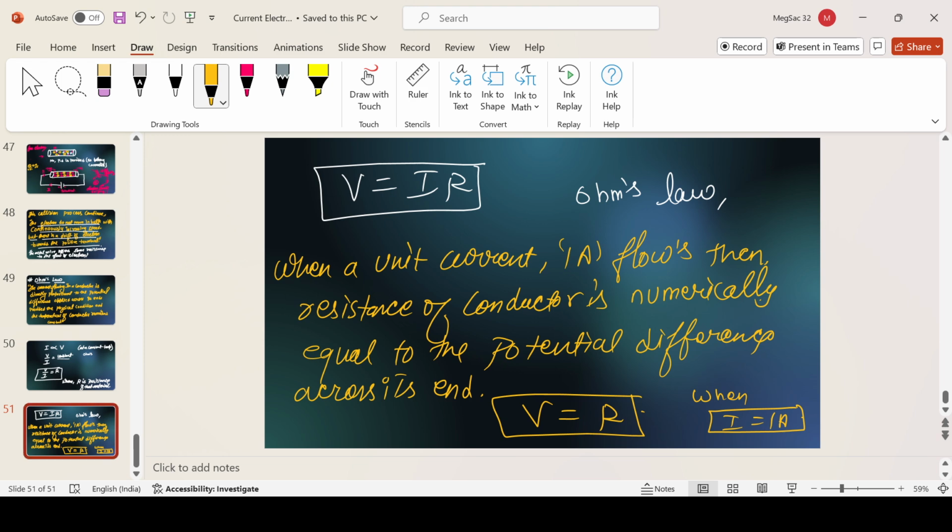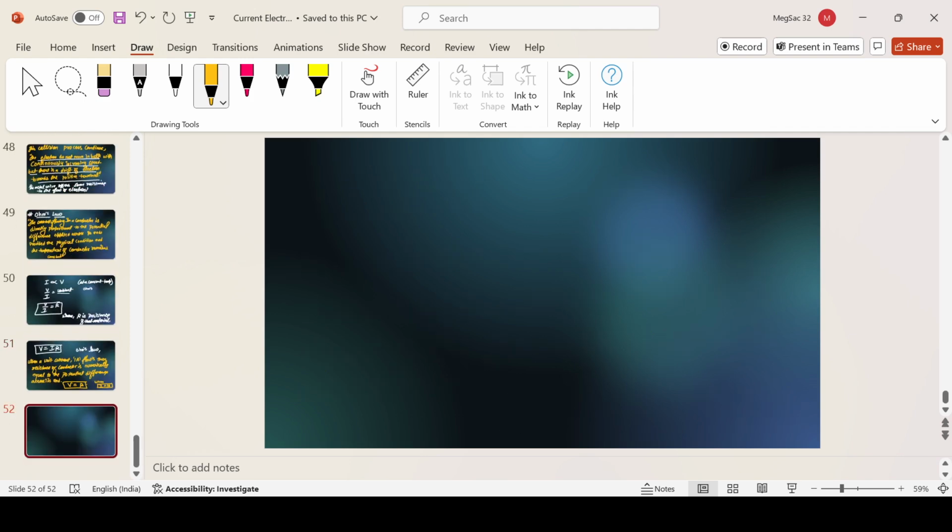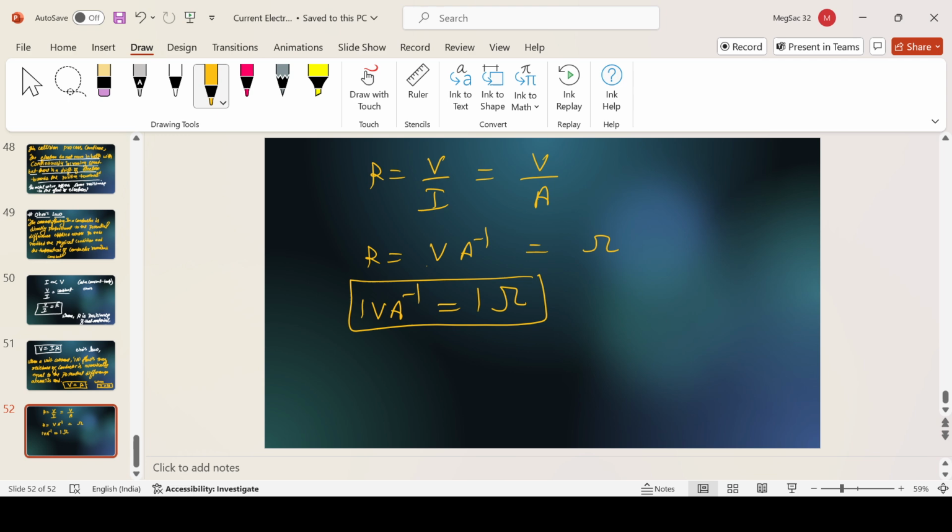So R is equal to V upon I. V is voltage, I is current. So this resistance has the unit volt ampere inverse, which is also called ohm. So 1 volt ampere inverse is equal to 1 ohm. Okay, clear?